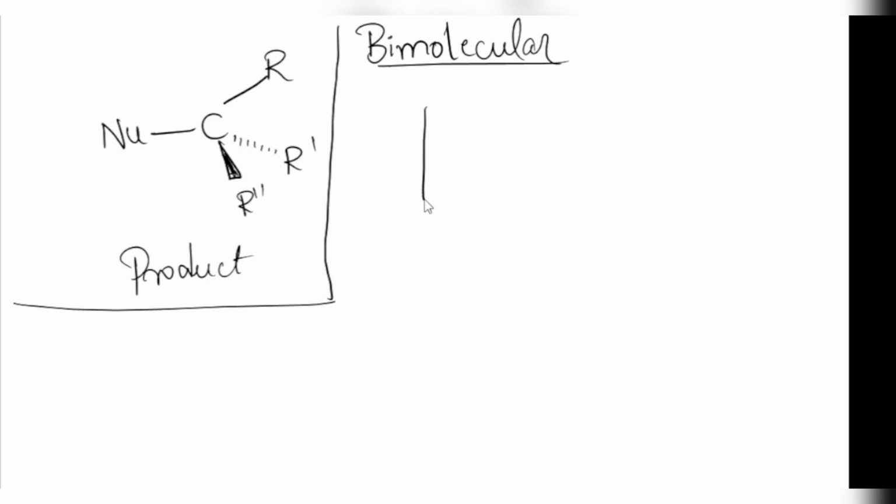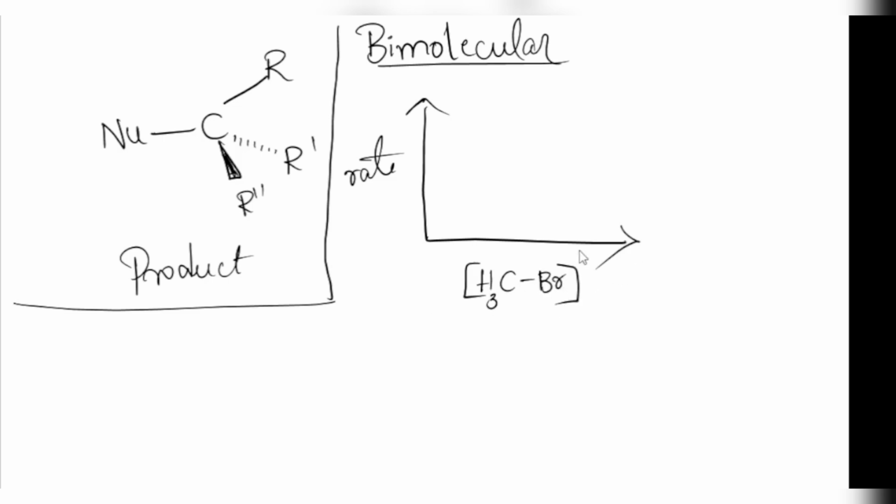That means when we plot a graph of rate versus concentration of the carbon skeleton, here as an example I will take methyl bromide, the rate depends linearly on the concentration of the reactant.